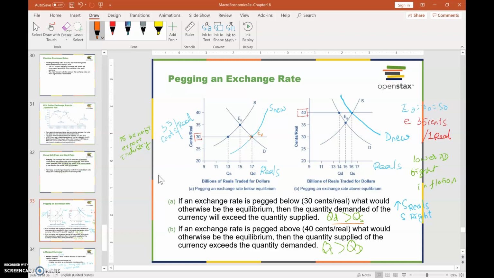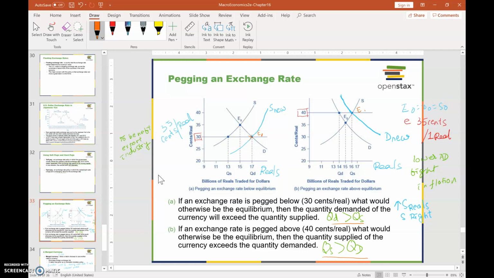Now if you look at panel B here, when the exchange rate is artificially kept high at 40 cents per real, quantity supplied will be greater than quantity demanded. The way the central bank will fill up this gap is by using the foreign exchange reserves to buy back the local currency or Brazilian currency.